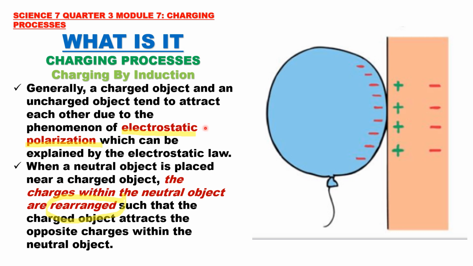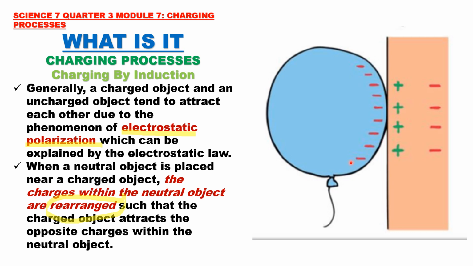Sa electrostatic polarization, yung charges within the neutral object ay nare-rearrange. So, let's take a look back at this illustration. Again, ang ating charged object ay ang balloon, ang ating neutral object ay yung wall. So, ang nangyayari, yung charges sa neutral object natin, which is the wall, is rearranged, such that yung charged object attracts the opposite charges within the neutral object.